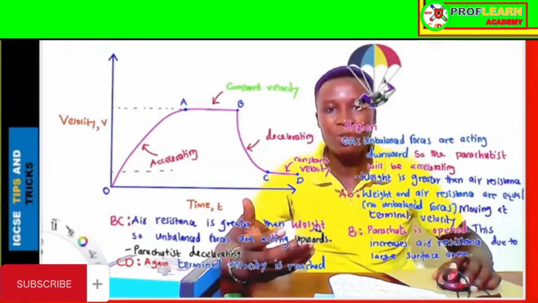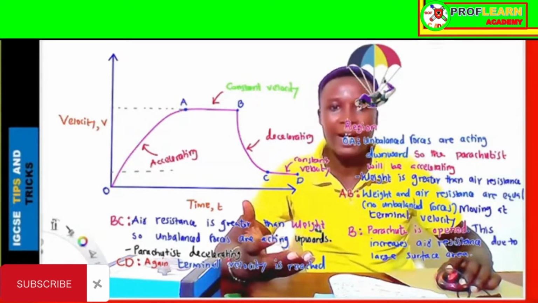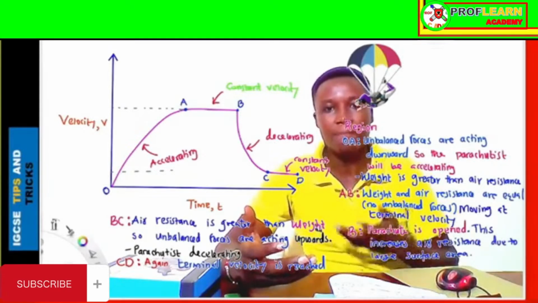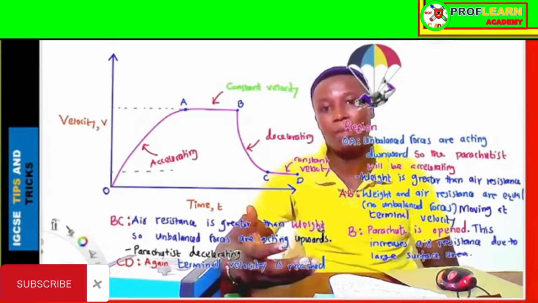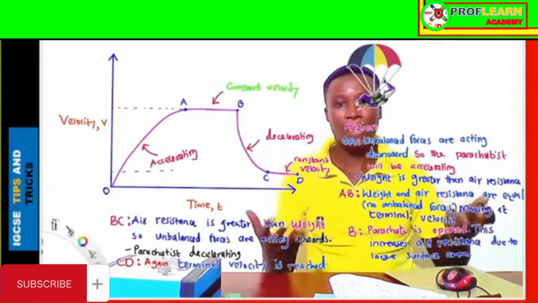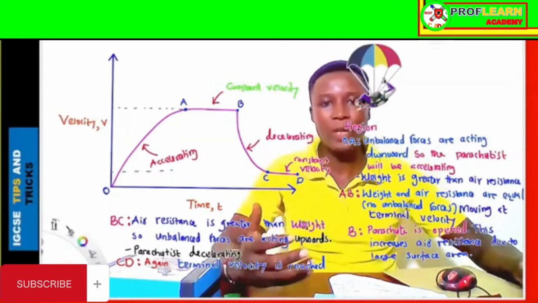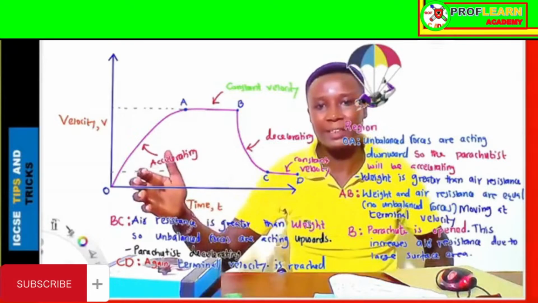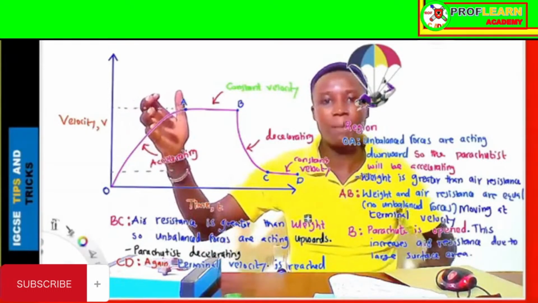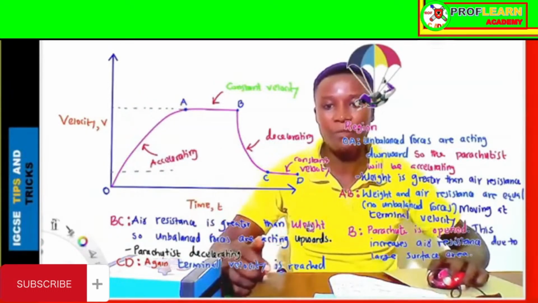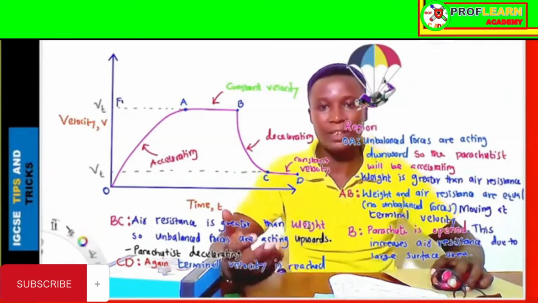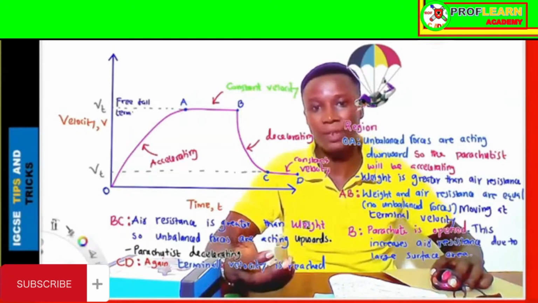BC, the person will be decelerating, and CD, the person will be moving at a constant speed, which is terminal velocity now when the parachute is open. And you can see that the second terminal velocity is much less than the initial terminal velocity under free fall, so the person is going to land at a very low speed. That is going to reduce chances of being injured.